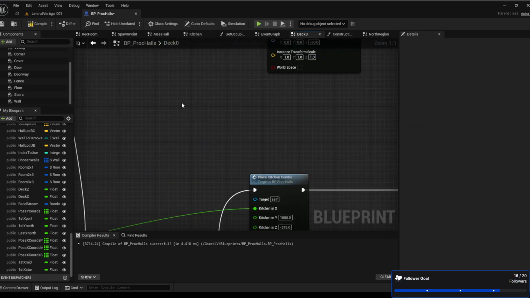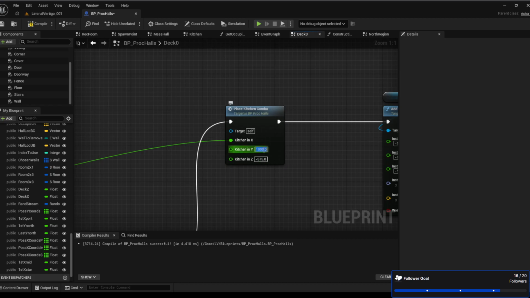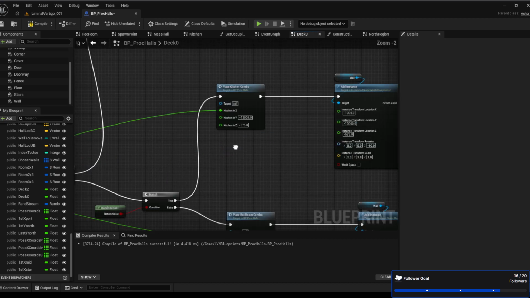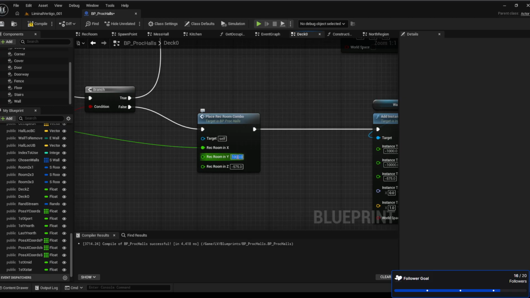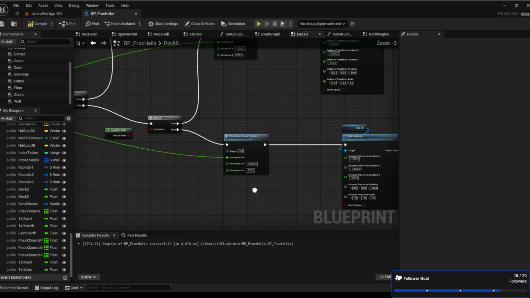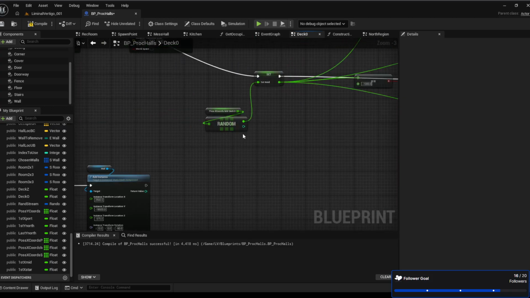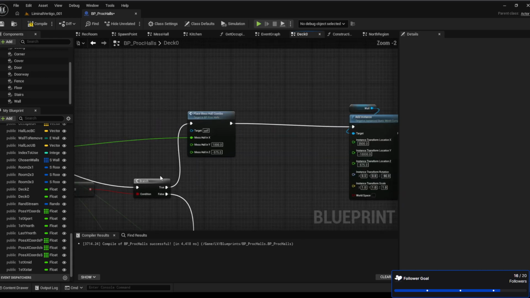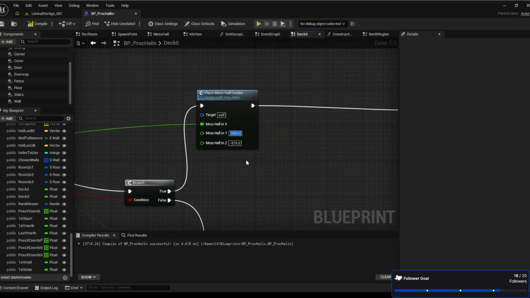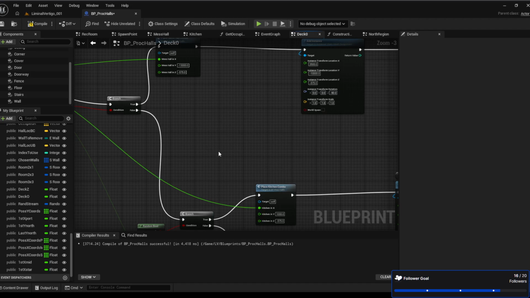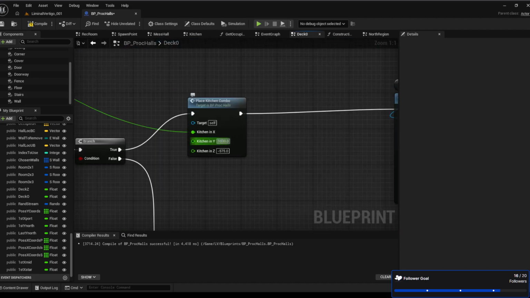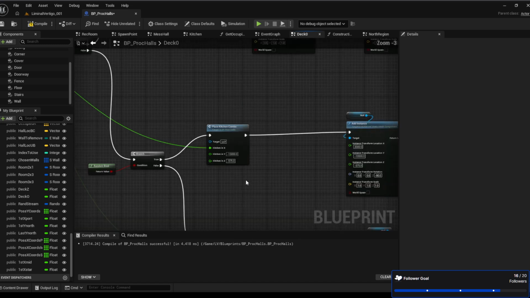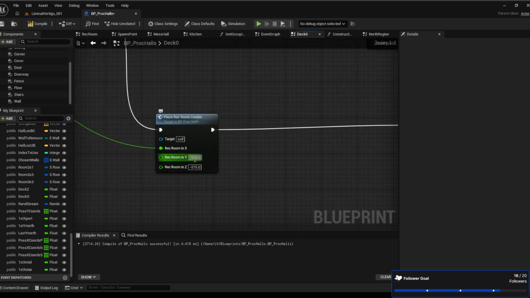Paste. Paste. And paste. And then back up here. Paste. Paste. And paste.